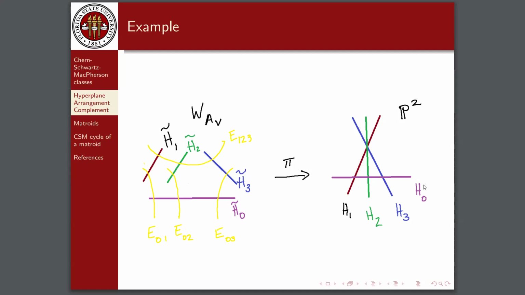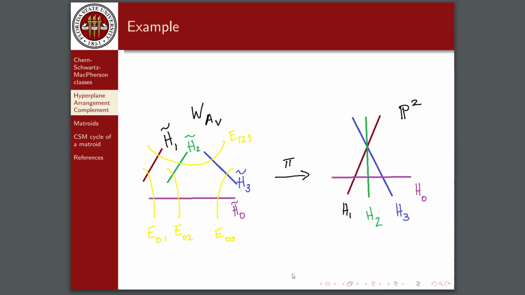And the note at the bottom of the previous slide is just that the Chow ring of the wonderful model of this hyperplane arrangement is generated by the classes that I've actually colored in here. So these divisors generate the Chow ring, and the relations are just that the product of two divisor classes is 0 if they don't intersect.